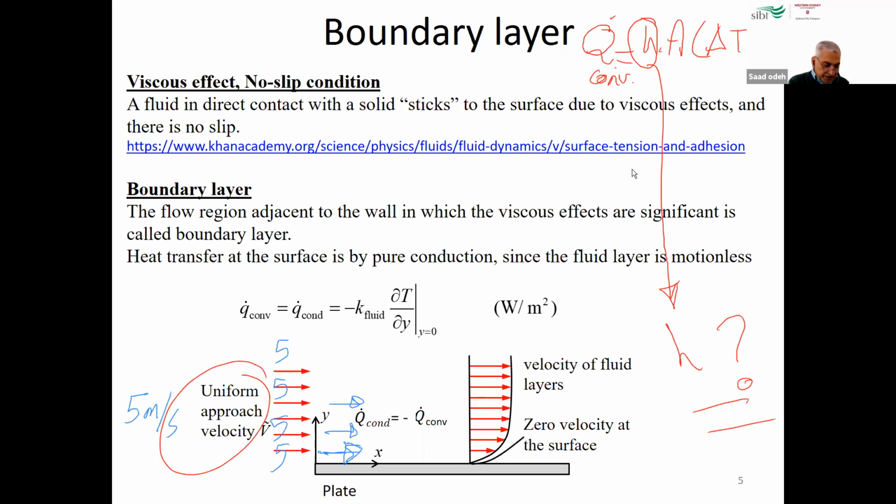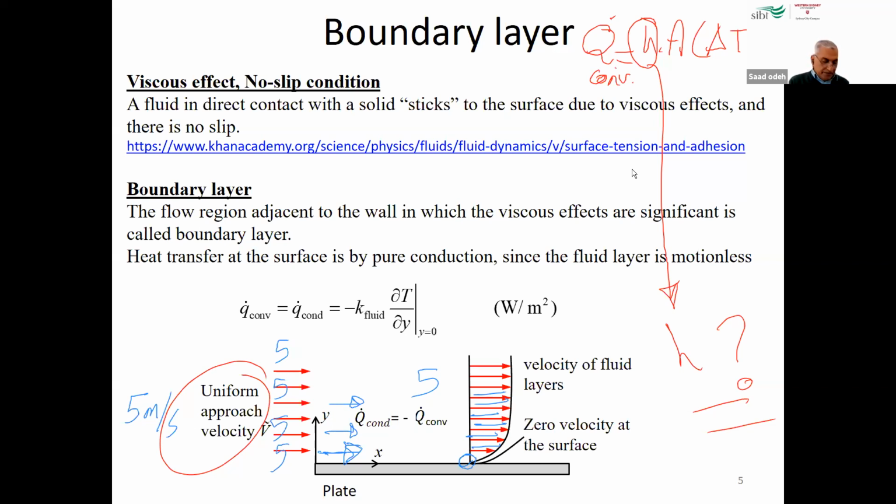You can see here the velocity becomes very small next to the surface, and as you move away from the surface, velocity goes higher until you reach 5 again. We call this the velocity boundary layer.